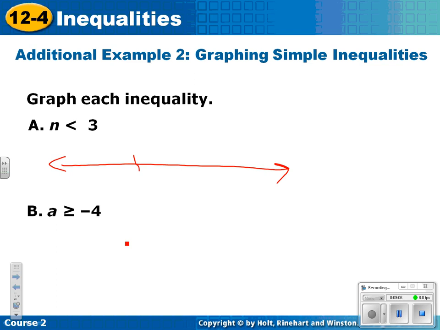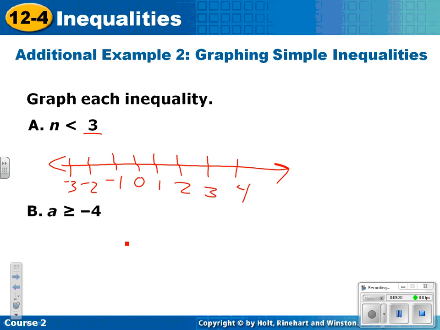I'm going to put 0, 1, 2, 3, 4, -1, -2, -3. Once you've got yourself a number line, then you have to look at 3.